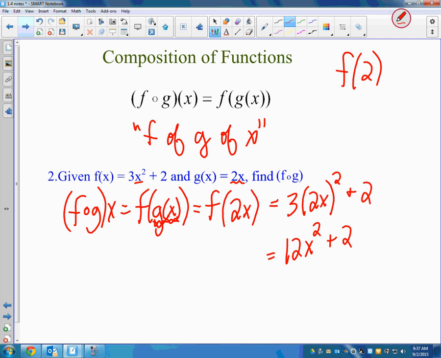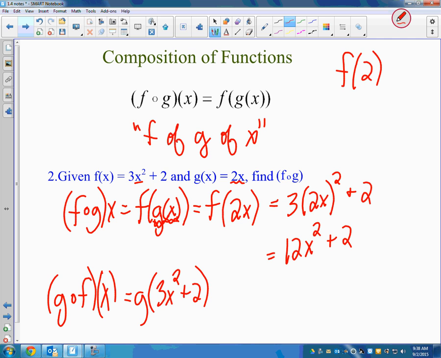Let's do g of f, just to remind you, on the same one. Let's do g of f of x. So now f is the inside function, which is 3x squared plus 2.